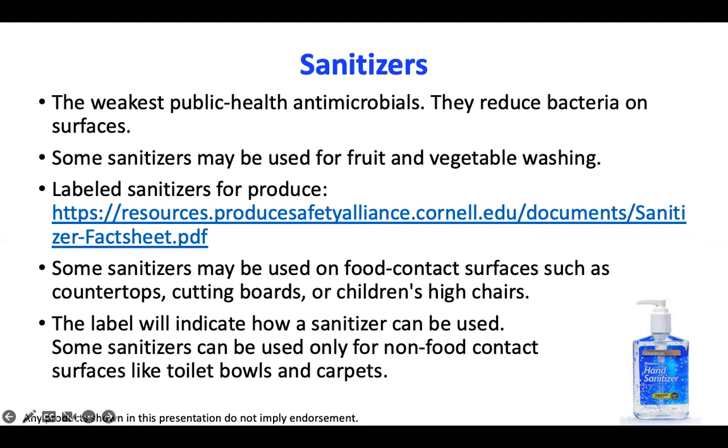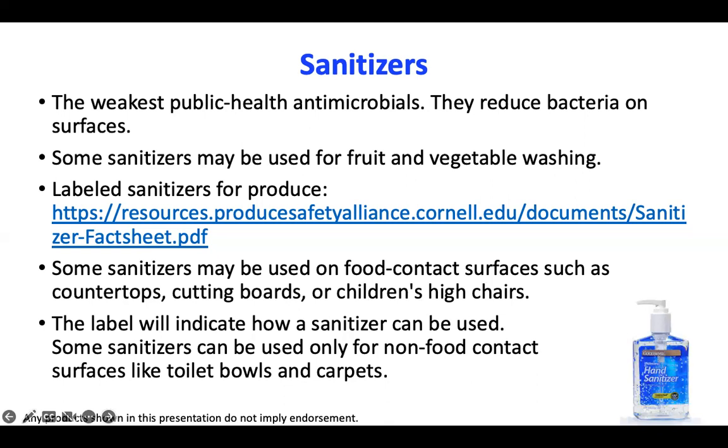We already talked about pathogens in fresh produce. You can use some of those labeled sanitizers to reduce the risk from pathogens, but you have to make sure the sanitizers you choose are labeled for fresh produce.